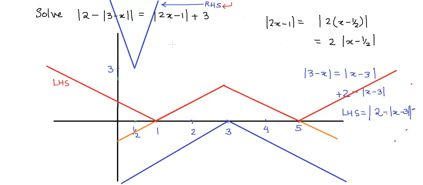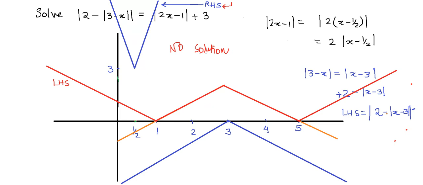As you can see, there can never be any intersection between the blue curve and the red curve, so there is no solution. So the graphical method also works just like the algebraic solution, which I was showing you. I did not show it completely, but even in the algebraic solution there were a total of 3 cases, and in the second and the third case there will be further 2 subcases.